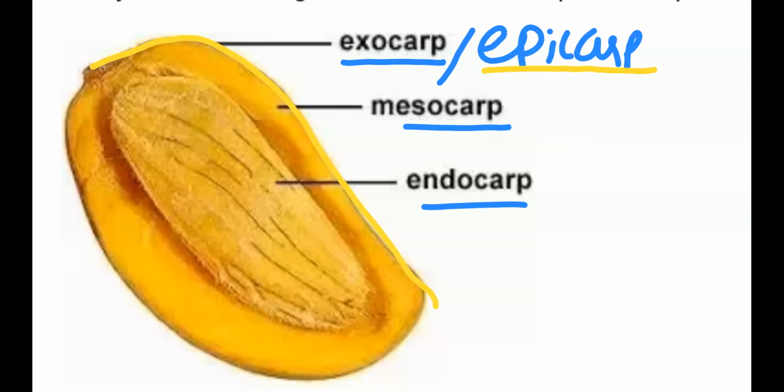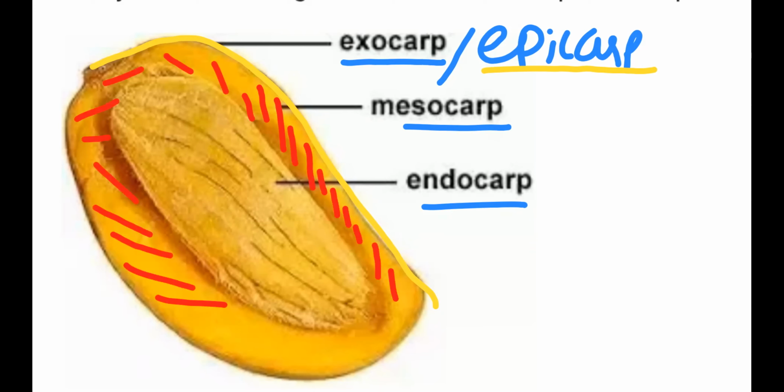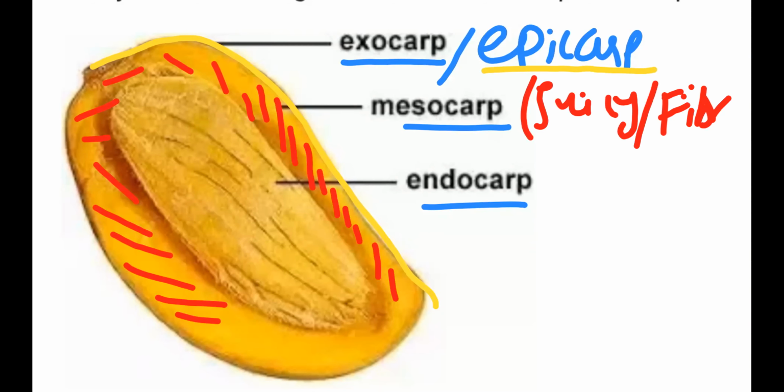Then the center, the main juicy part, the mango juice, in which fibers are also present, is the mesocarp. Then this one, can you tell me, is this the seed of mango?